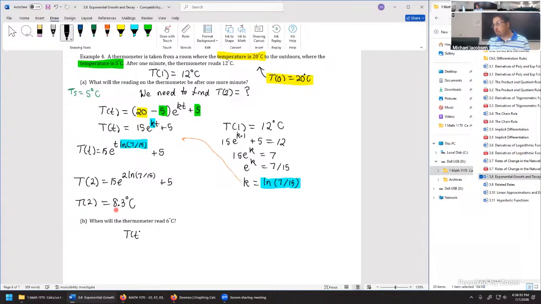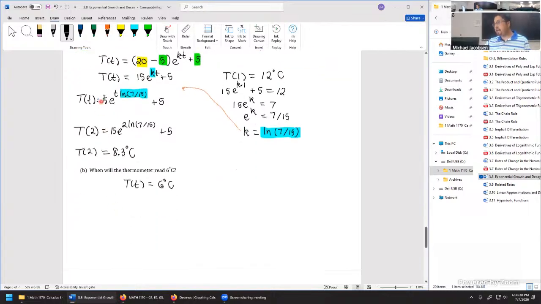We can rephrase the question as temperature at time t equals 6 degrees Celsius. Then we just come back up to this line. This is temperature at any time. We're just solving an exponential equation again, like we've done on the other examples. Substitution is 15 e to the power t natural log 7/15 plus 5 is 6.